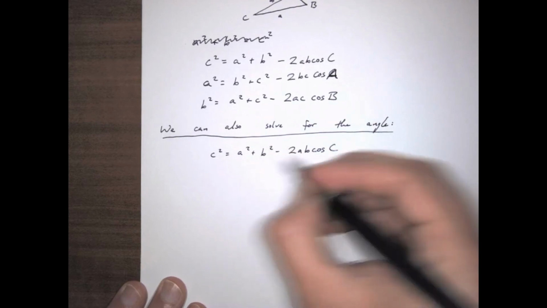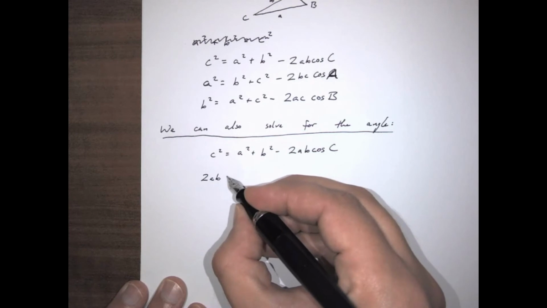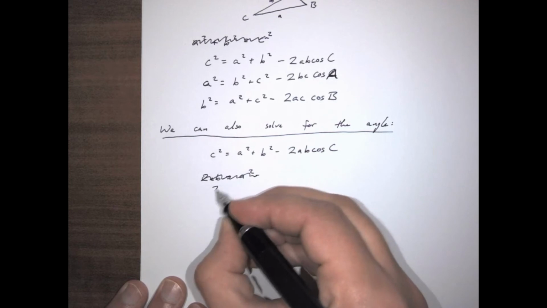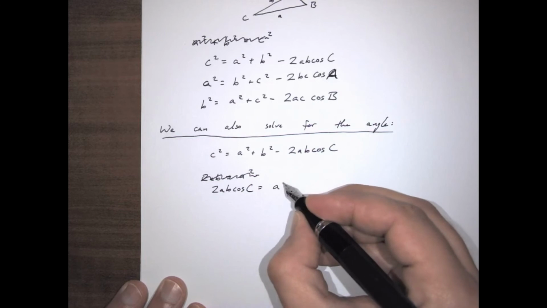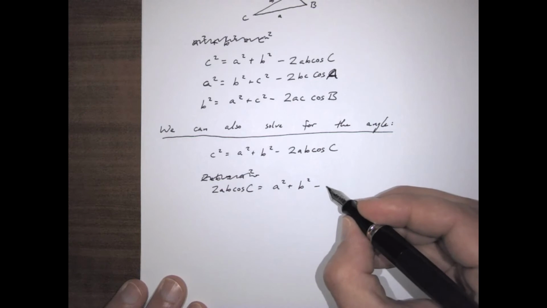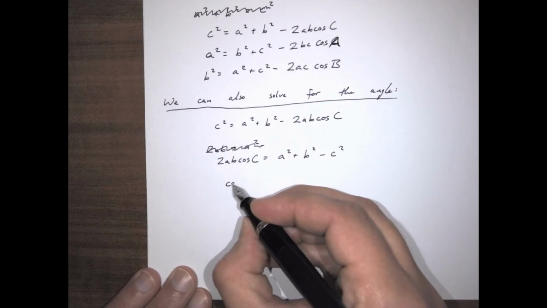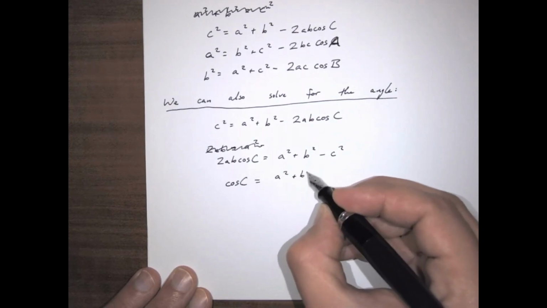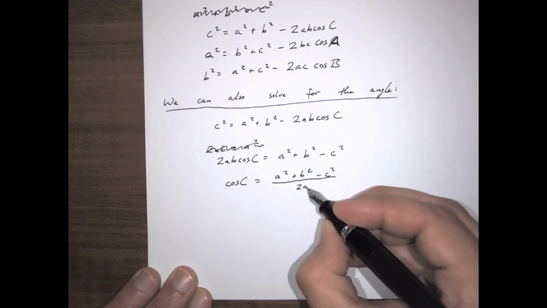And I'll just move this term over, subtract that term over there, so 2ab cosine c is equal to a squared plus b squared minus c squared. Then divide by the 2ab. A squared plus b squared minus c squared all over 2ab.